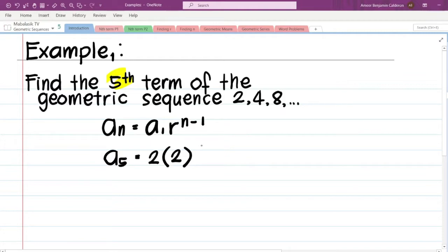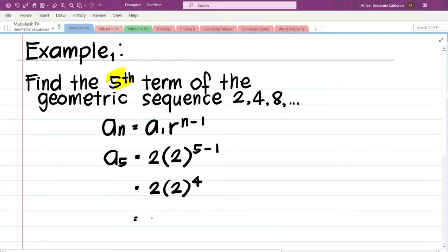And then n is the number of terms. We are looking for a sub 5. Therefore, we assume that we have 5 terms. So that is 5 minus 1. Let us simplify. We will have 2 times 2 raised to the fourth power.